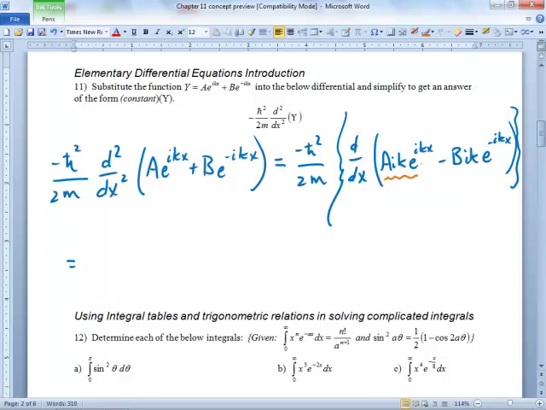You'd have this a times, yeah, that ik has to be squared. You're going to have that a, and then really that ik thing twice. You can write i squared, k squared, or just this. It really doesn't matter, right? And then e to the ikx.